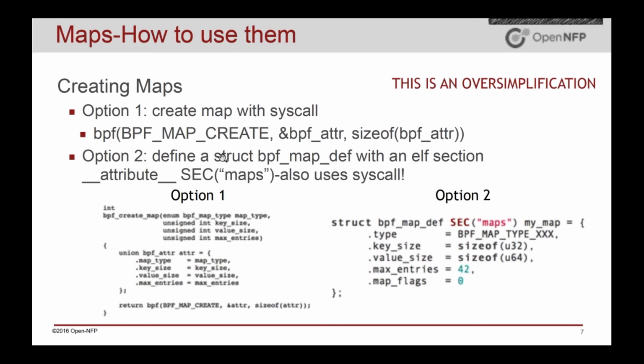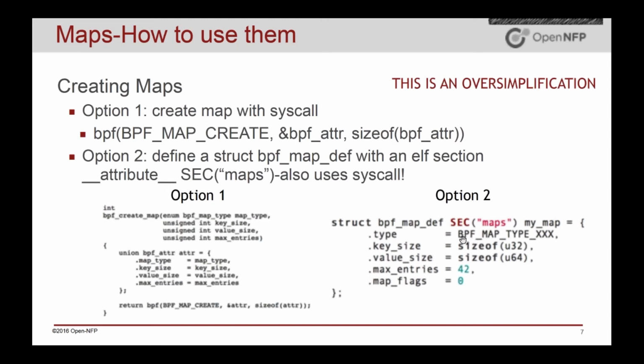Now the second option is the one here on the right, which is using some special things within the compiler. If we use the ELF attribute SEC here, we define a structure called BPF map def, and then we call it with SEC maps, which is used by ELF, and then within here we define our map.